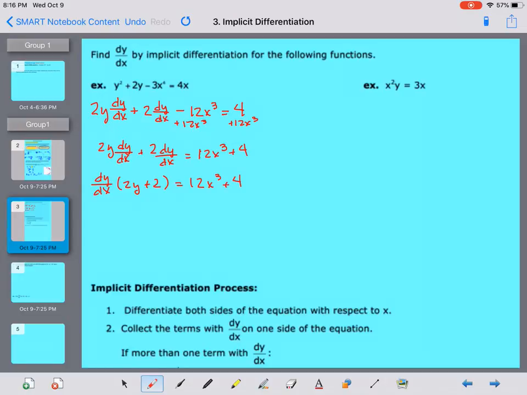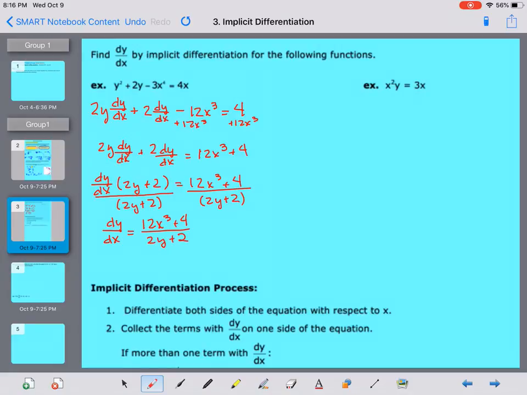Okay, and then because I'm solving for the dy/dx, I'm going to divide everything by that 2y plus 2. And that means I get dy/dx equals (12x cubed plus 4) over (2y plus 2).